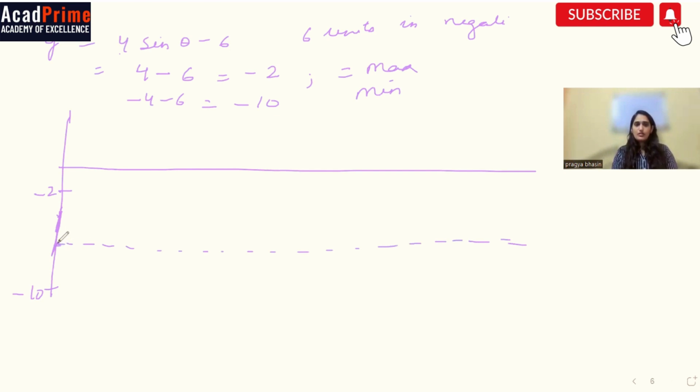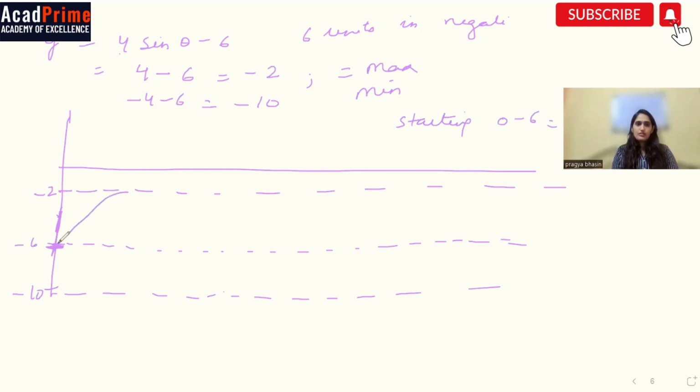The wave will be starting from 0 minus 6. Instead of starting from 0, the starting point would be shifted. It would be 0 minus 6, that's minus 6. So it will be starting from minus 6.